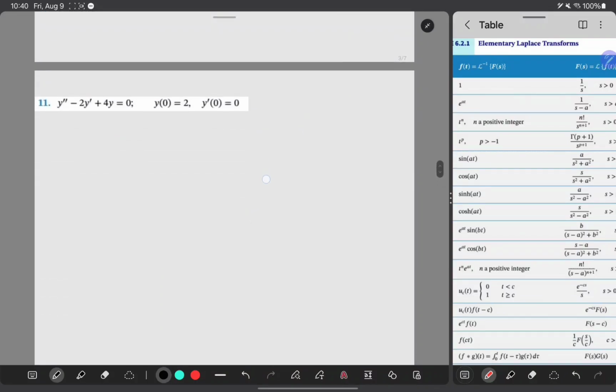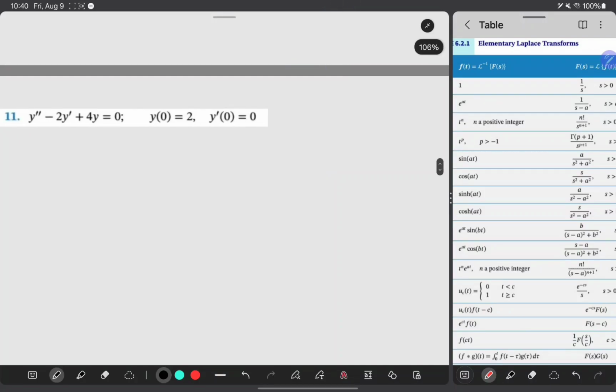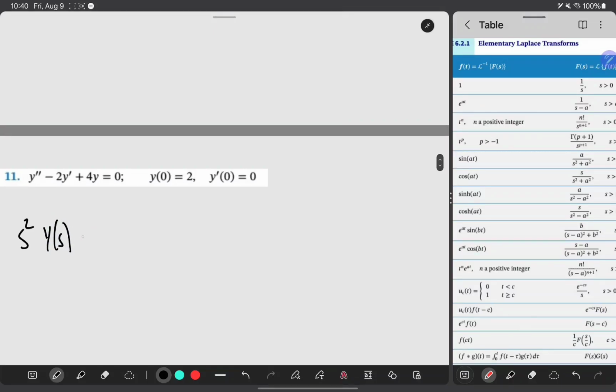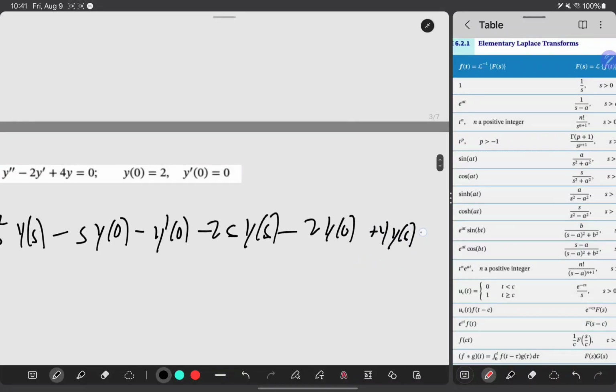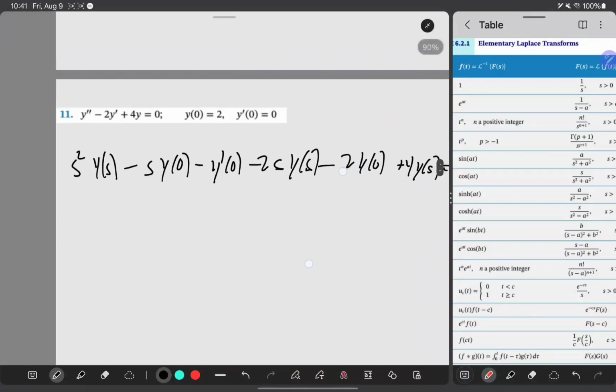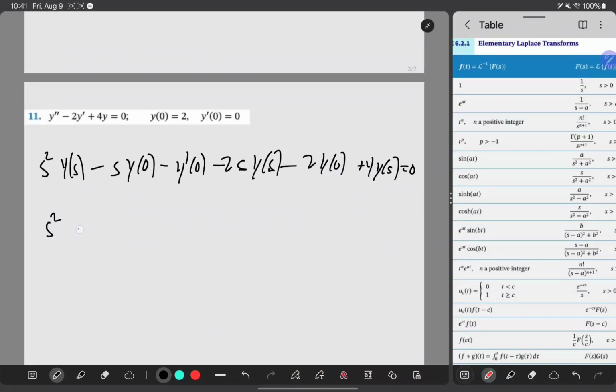Not too bad. All right, this one, number 11. Y double prime: s squared y of s minus s y of 0 minus y prime of 0, minus 2s y of s minus 2y of 0, plus 4y of s is equal to 0. We have s squared minus 2s plus 4 times y of s.